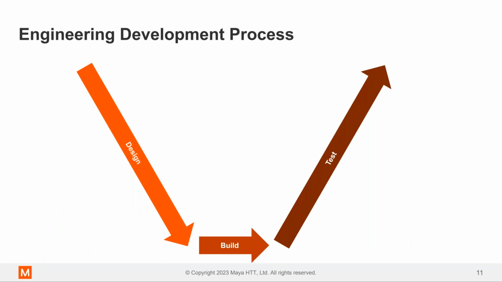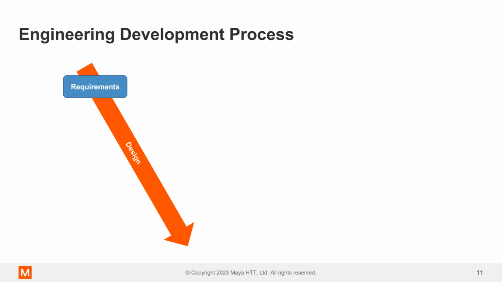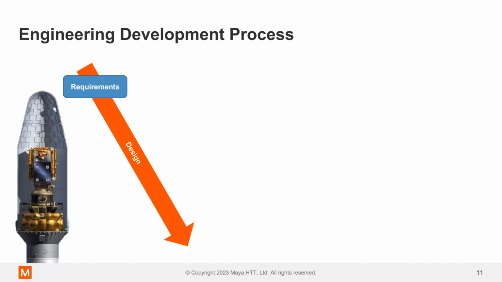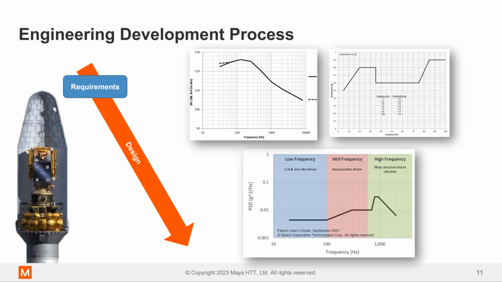Well, if we take a step back and look at the engineering development process, kind of your typical V curve of design, build, and test, where do the vibrations come in here? So we start with requirements. Generally, if you have something like a satellite sitting on a rocket, you're trying to design the satellite, you have input vibration levels, PSD curves, acceleration curves that you get from standards.